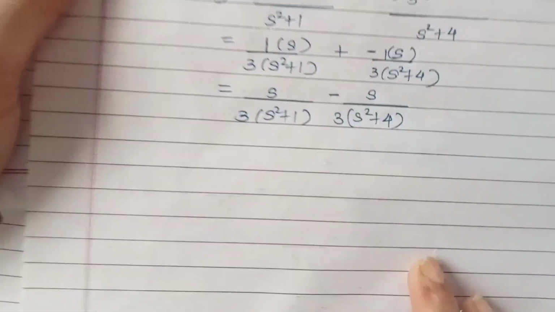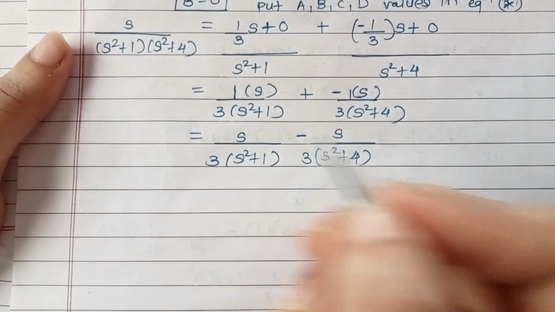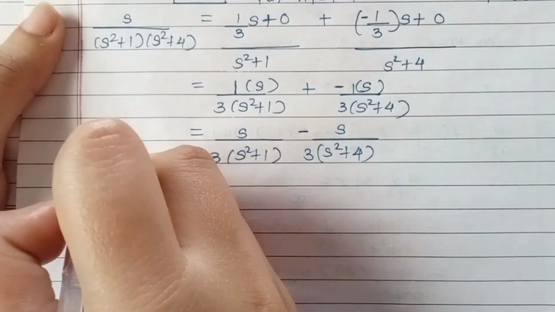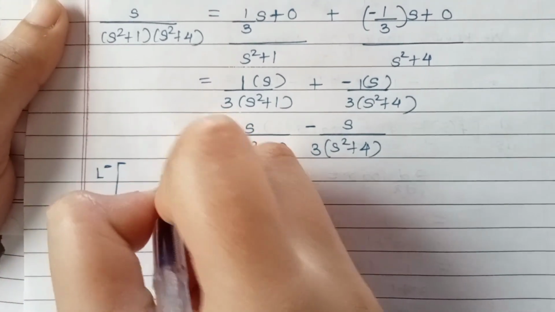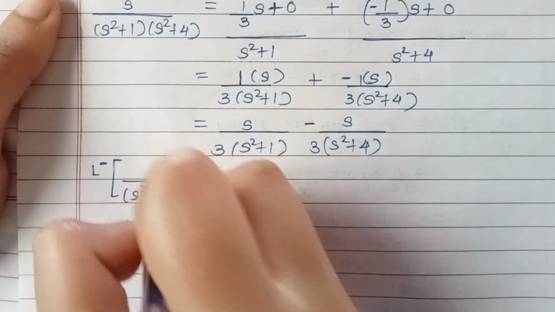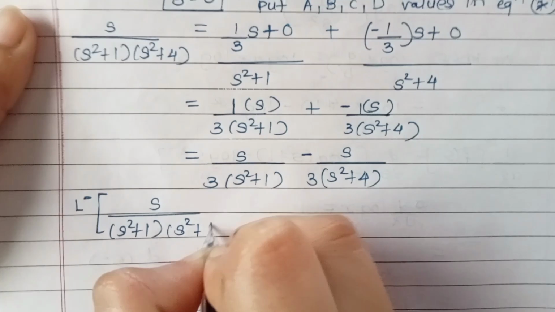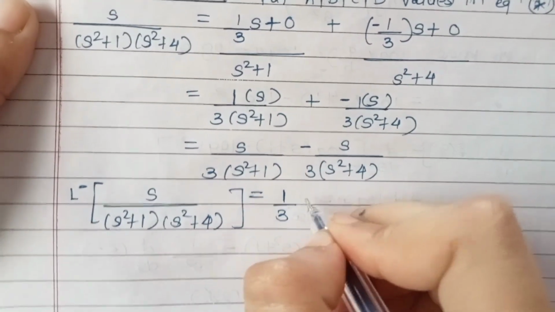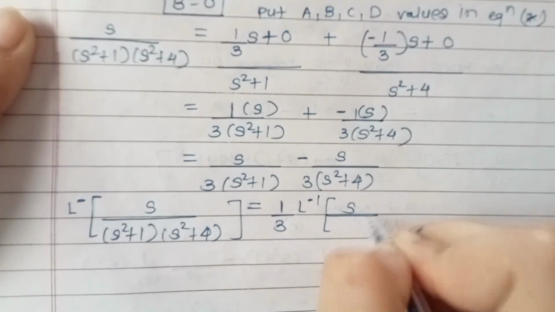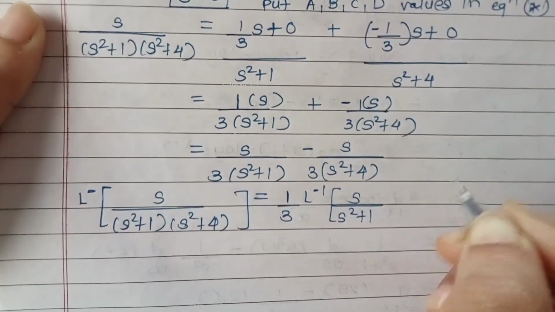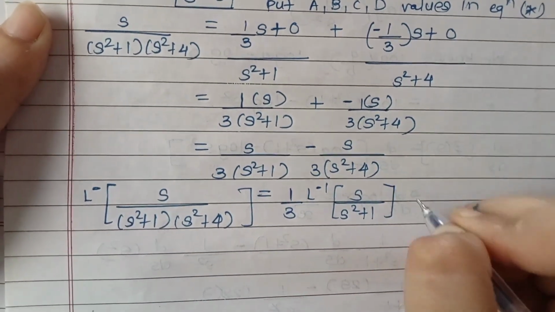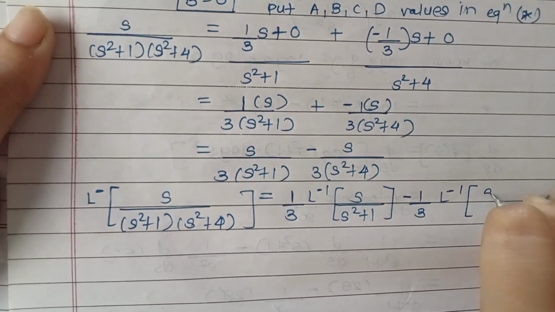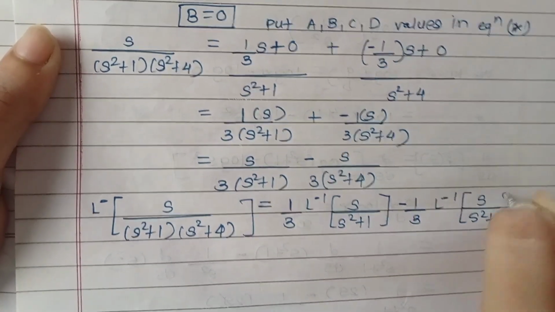Now what we'll do is we'll take the inverse Laplace transform on both the sides. So we will get inverse Laplace transform of s upon s square plus 1 times s square plus 4 is equal to 1 by 3 outside, inverse Laplace of s by s square plus 1, and minus 1 by 3 outside, inverse Laplace of s by s square plus 4.